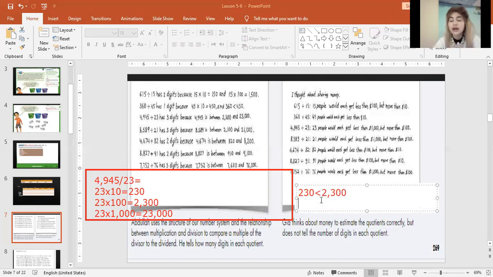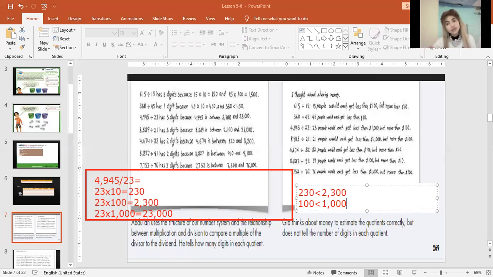So 230 is what? 200, so it is hundreds. And 2,300 is what? 2,000, so it is thousand. So the quotient, the answer, is between 100 and 1,000. Okay? So if it is between 100 and 1,000, any number between 100 and 1,000 contains how many digits?